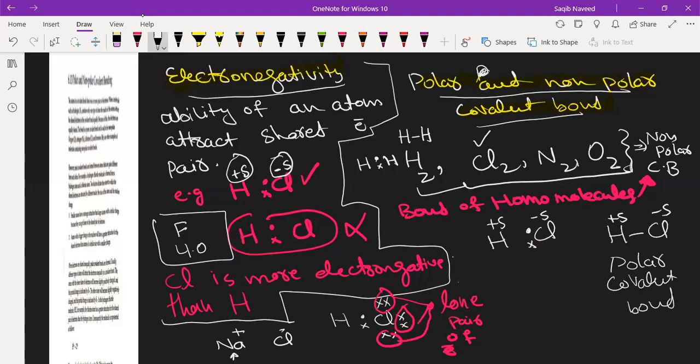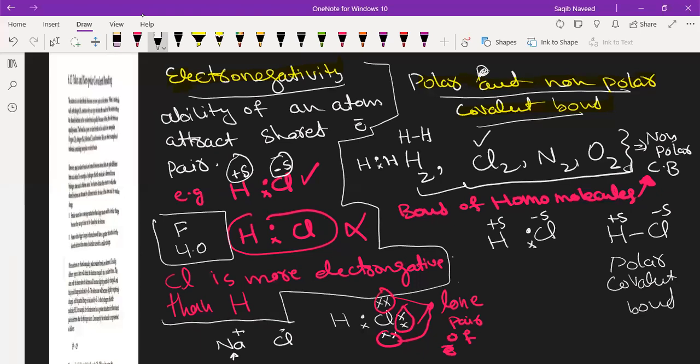For a polar covalent bond, one element should be more electronegative and the other element or atom should be less electronegative. Then the molecule has two poles, one partial negative and one partial positive. Such bonds are called polar covalent bonds, and such molecules are called polar molecules.